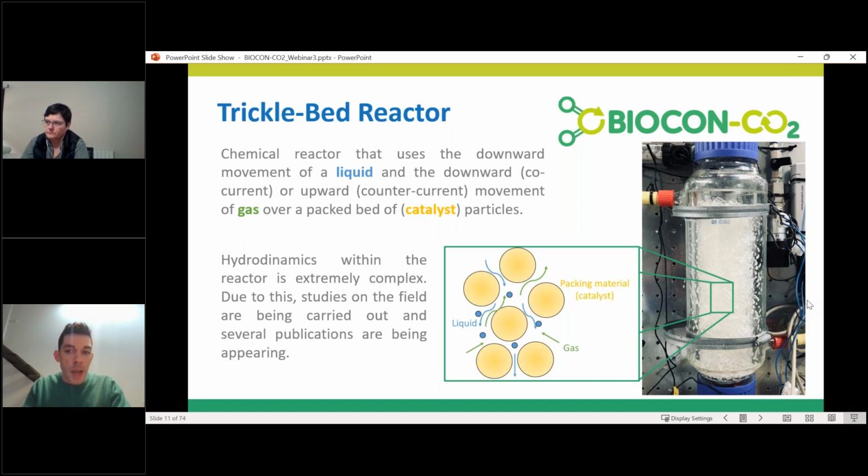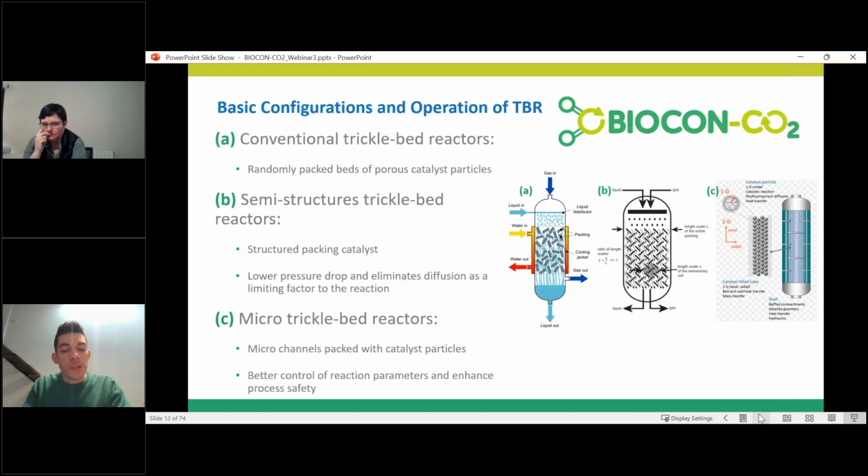The hydrodynamics of these reactors are extremely complex, and nowadays the study of these reactors is still in progress. That means that several publications about it appear every year. According to most of the authors, the basic configuration of trickle-bed reactors can be classified in these 3 categories on the screen.